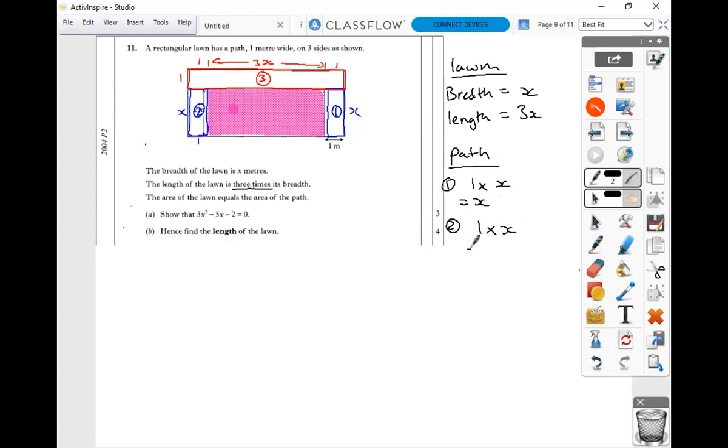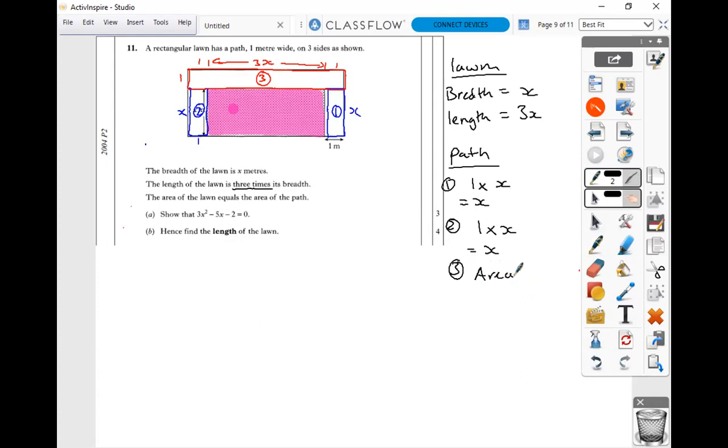Okay, length times breadth. So again, that's just x. Area 3 is 3x plus 2 multiplied by 1. Okay, so area 3, let's write that out again.